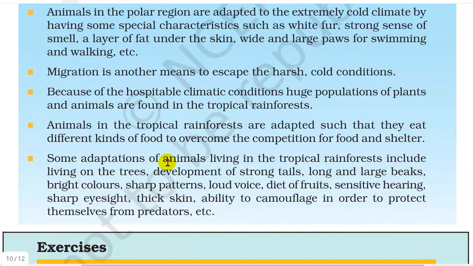Some adaptations of animals living in the tropical rainforests include living on the trees, development of strong tails, long and large beaks, bright colors, sharp patterns, loud voice, diet of fruits, sensitive hearing, sharp eyesight, thick skin, ability to camouflage in order to protect themselves from predators, etc.